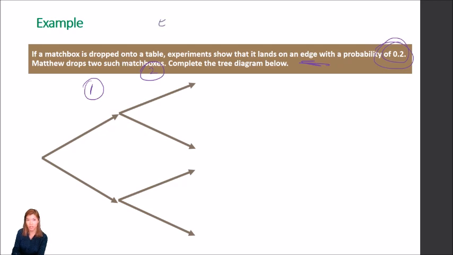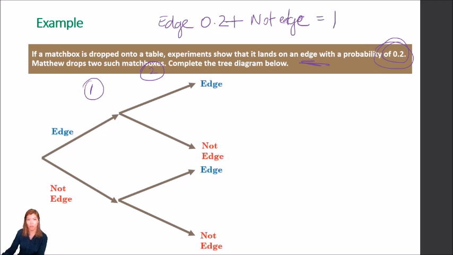So if edge is equal to 0.2, then the not edge has to add up to 1. So the not edge will be 0.8. I'm going to fill in the table. The probability doesn't change in the second box because we haven't kept anything or changed anything.